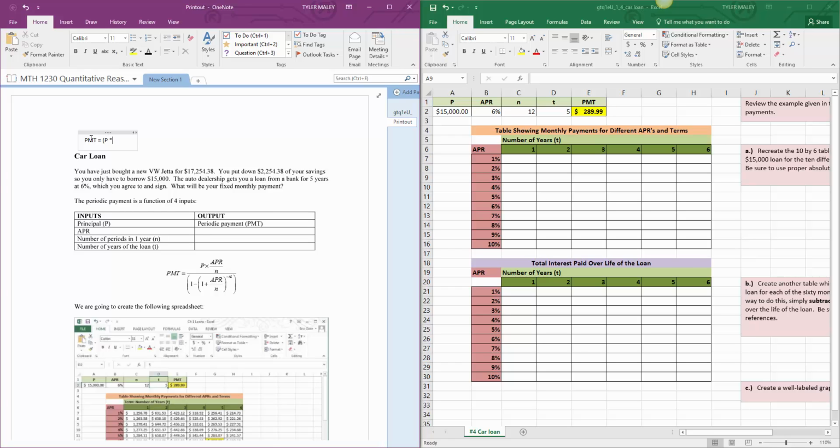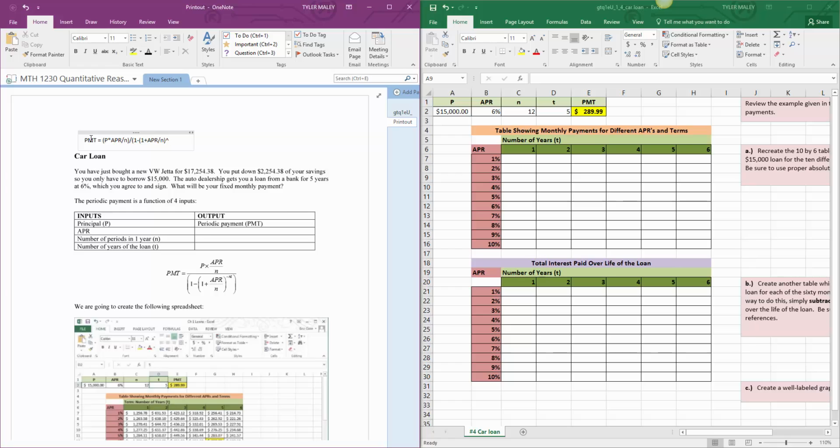So you'd have asterisk, and then APR divided by N, and then close parenthesis divided by parenthesis 1 minus parenthesis 1 plus APR divided by N, close parenthesis, and then for exponent we use a caret key, right?